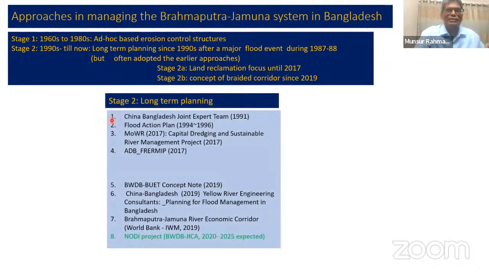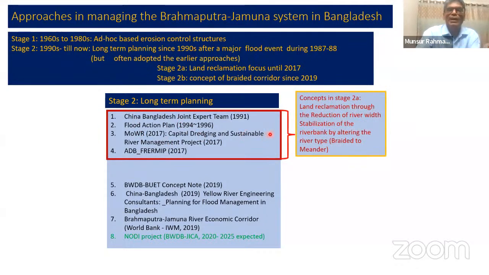If we take a brief look at these planning documents, the first set of these documents are focusing on the land reclamation, and another focus is the stabilization of the channel with some bend and node focus. Some other countries have some success stories this way.